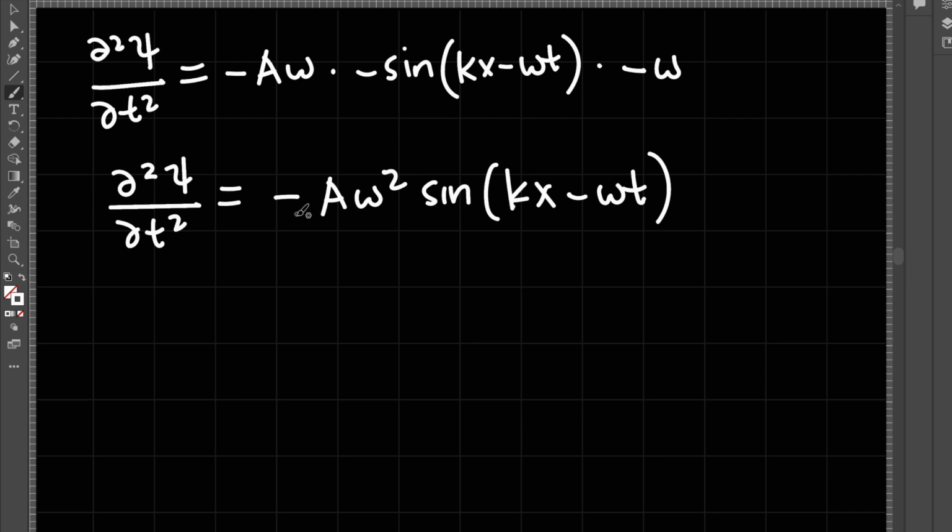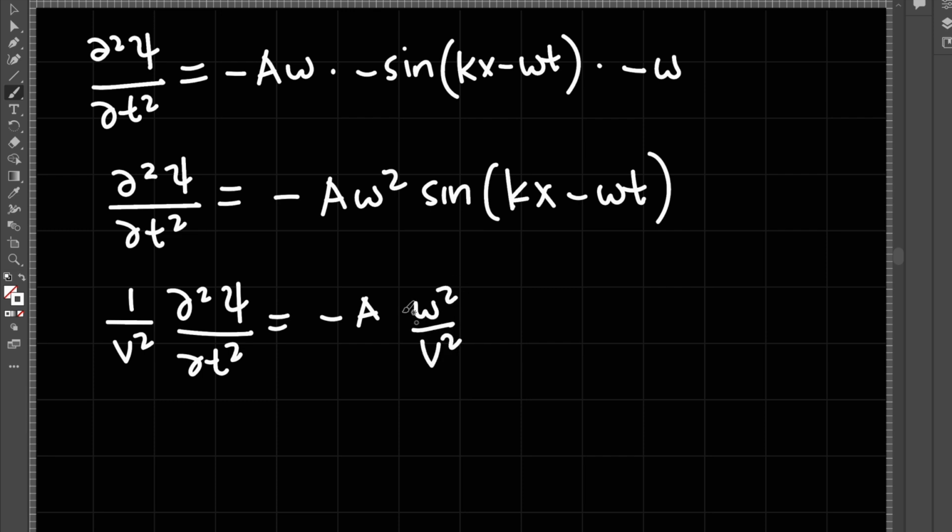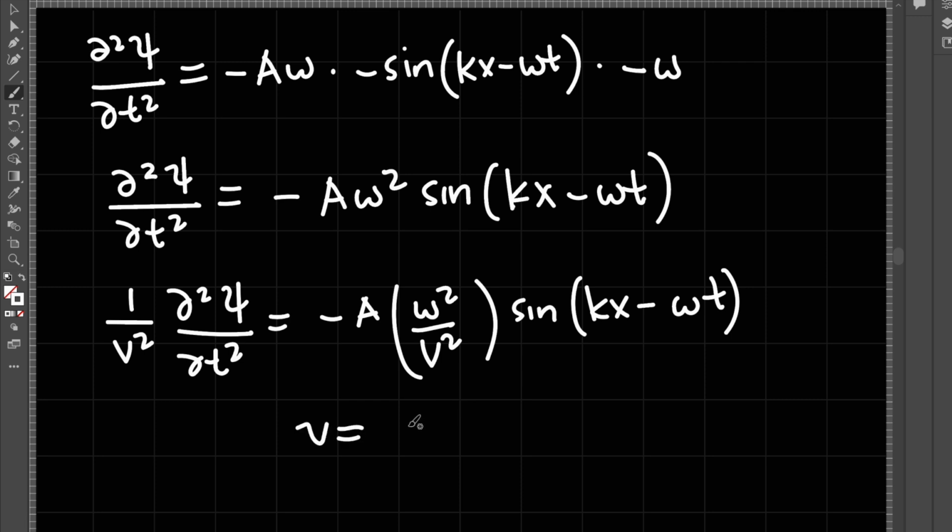Now, let's multiply both sides of the equation by 1 over v squared. So we have 1 over v squared times the second order partial of psi with respect to time is equal to negative A omega squared over v squared sine kx minus omega t. But recall that the wave speed v is equal to angular frequency divided by k.